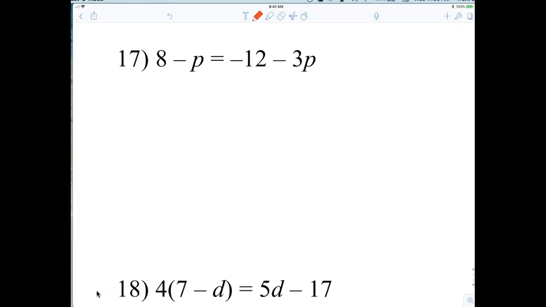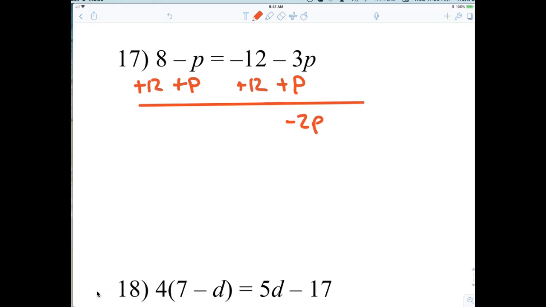Perfect. Now, could you move the negative 3p to the other side?